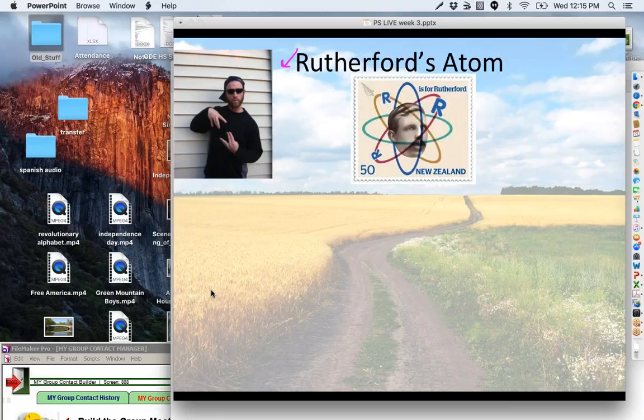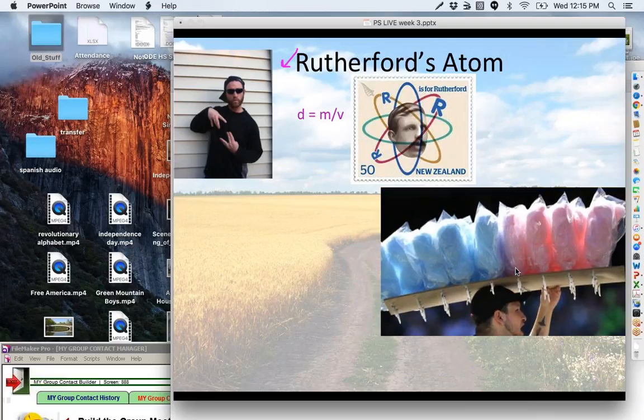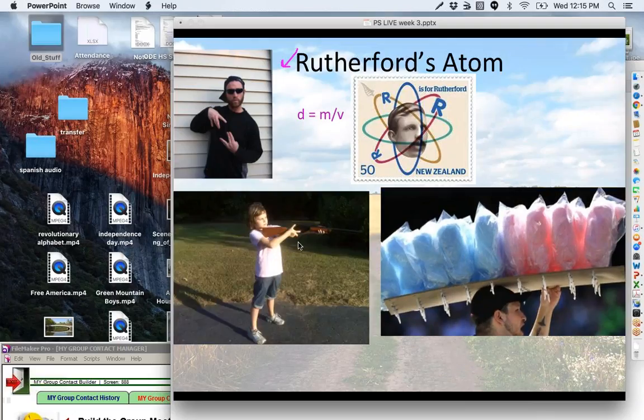You'll have to learn that. It's how much mass, how much weight, you could say, you fit into a certain amount of volume or space. So density is a measure of how compact something is. A plum pudding is spread out, sort of like cotton candy, perhaps. What Rutherford found was that when he fired an alpha particle, like you might fire at cotton candy, it bounced back.